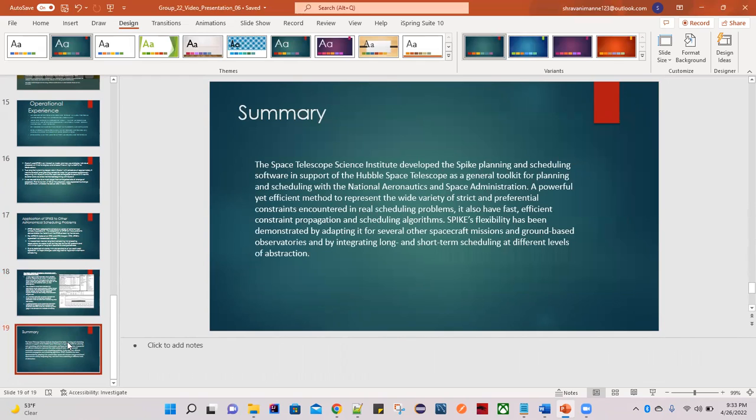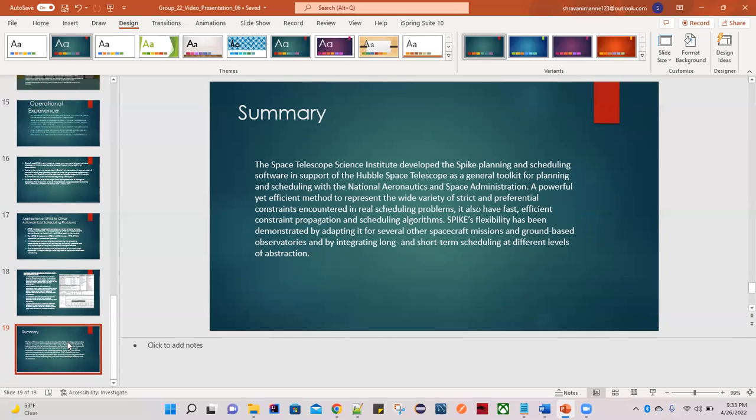In summary, the Space Telescope Science Institute developed the Spike planning and scheduling software in support of the Hubble Space Telescope as a general toolkit for planning and scheduling, with the National Aeronautics and Space Administration. It offers a powerful yet efficient method to represent the wide variety of strict and preferential constraints encountered in real scheduling problems.